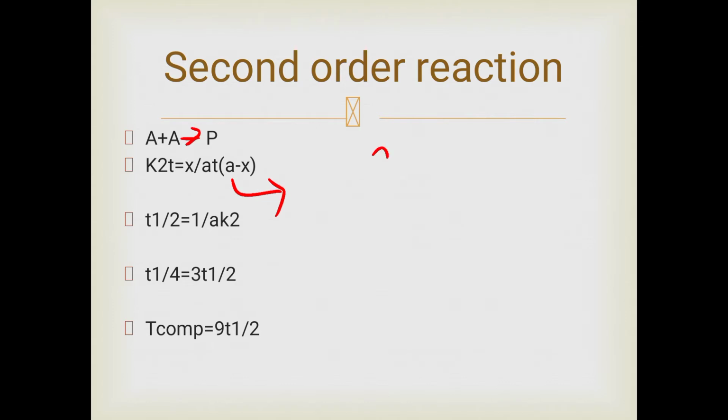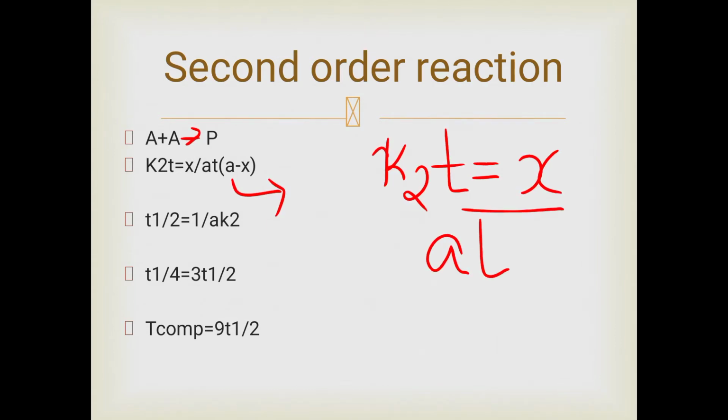So your expression is like K2 times T is equal to X upon A(A minus X), where A minus X is your concentration at time T, A is your initial concentration, T is your time, and X is how much concentration has been consumed.